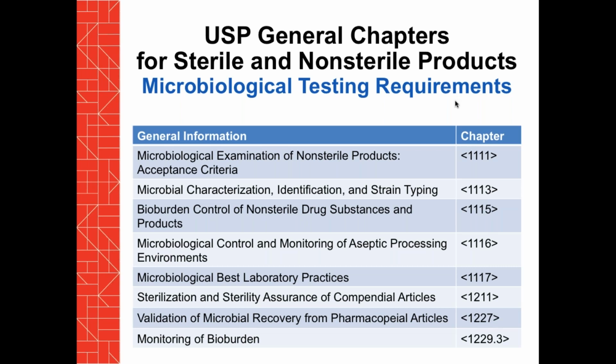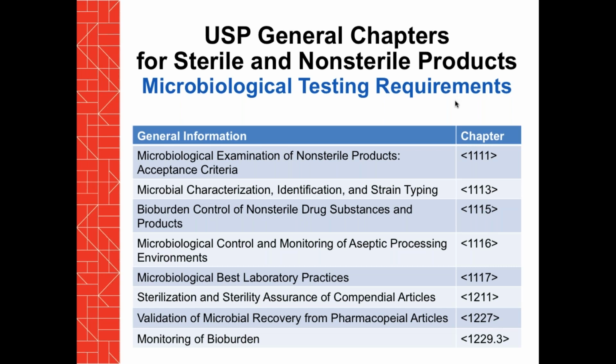USP 1115 gives us information on bioburden control during non-sterile drug manufacturing. And as I'm using the term manufacturing, one can imply compounding. We know there are regulatory differences between compounding and manufacturing.